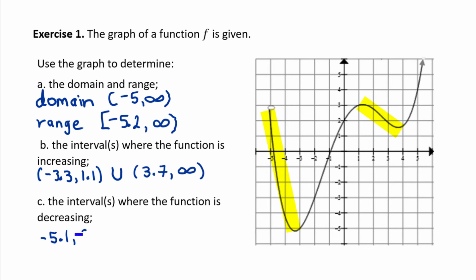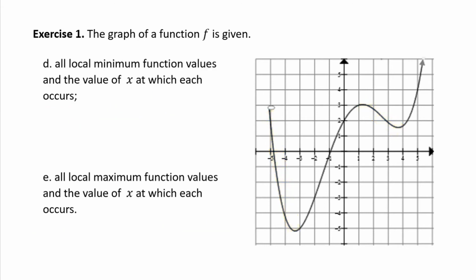Again, we'll denote it with the open parentheses, and we'll use the union symbol, and it again decreases from about x equals 1.1 to x equals about 3.7. The endpoints are not included, again, as the graph is neither increasing nor decreasing at these points.